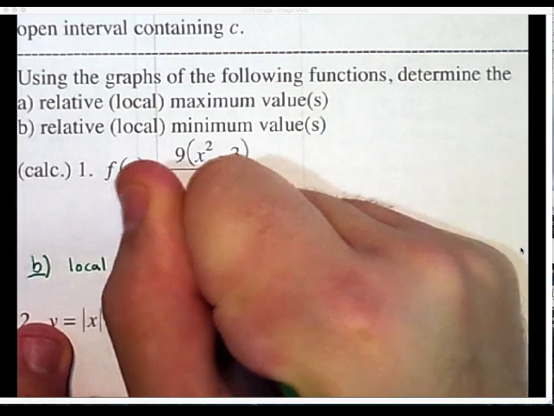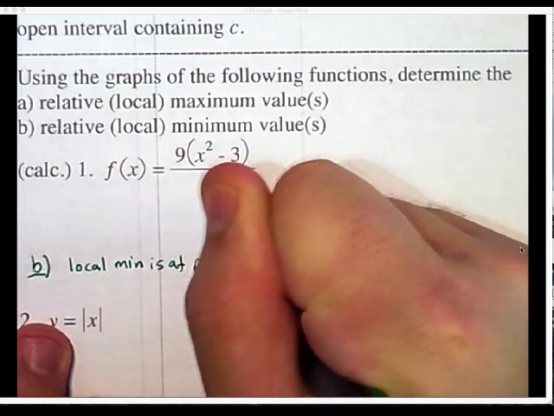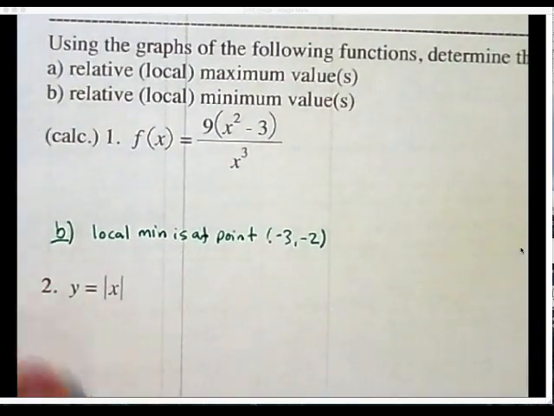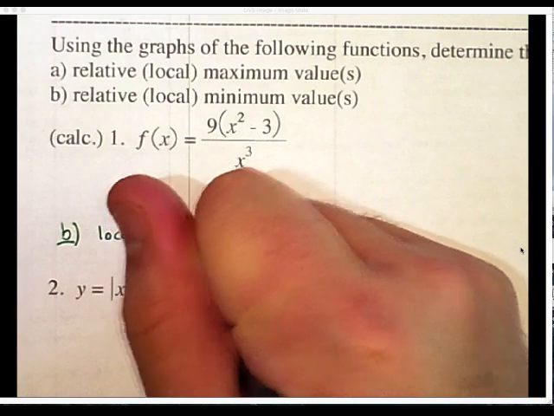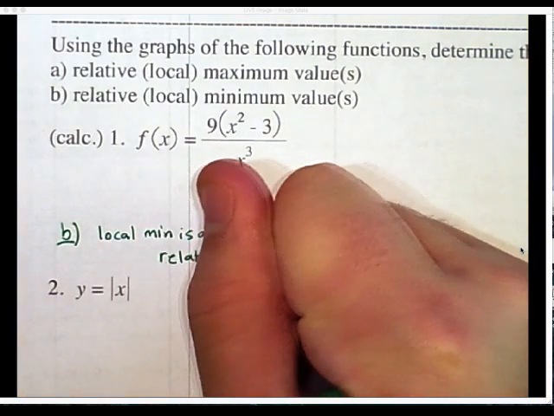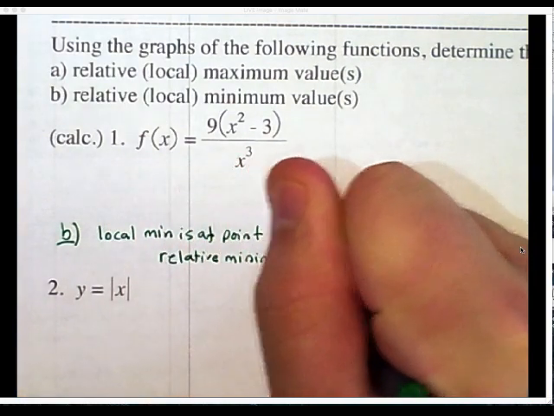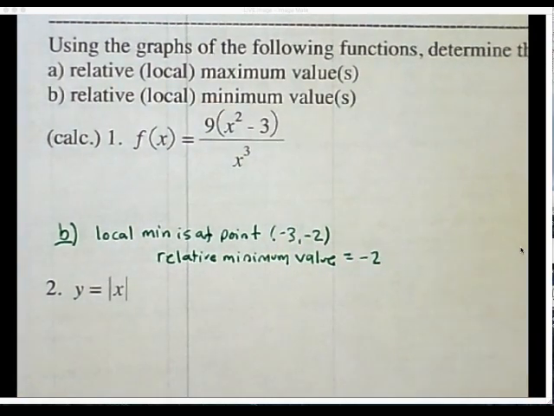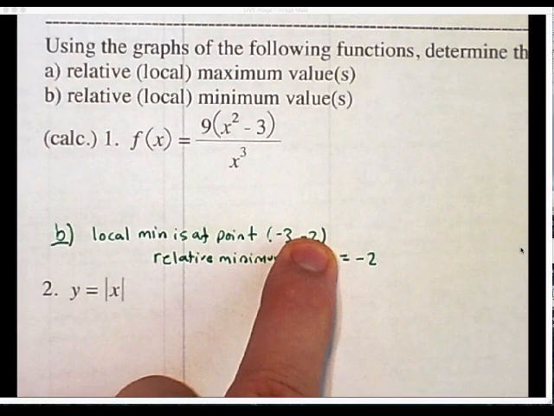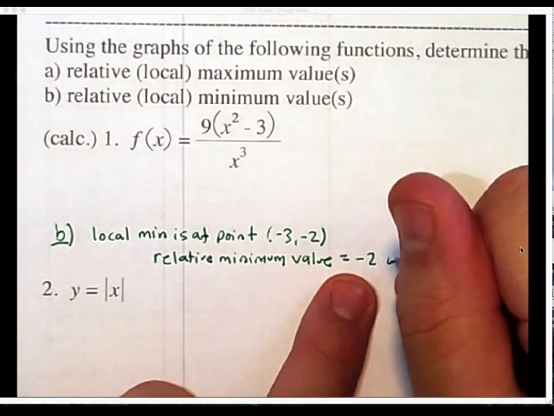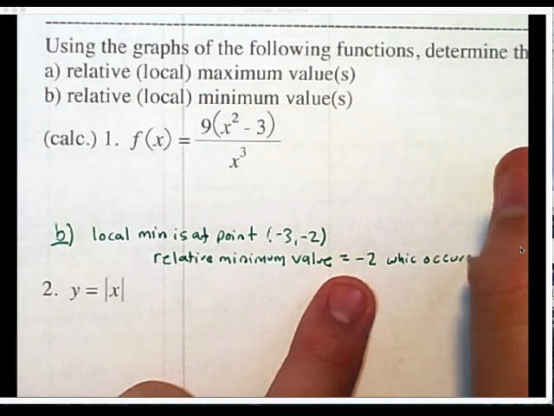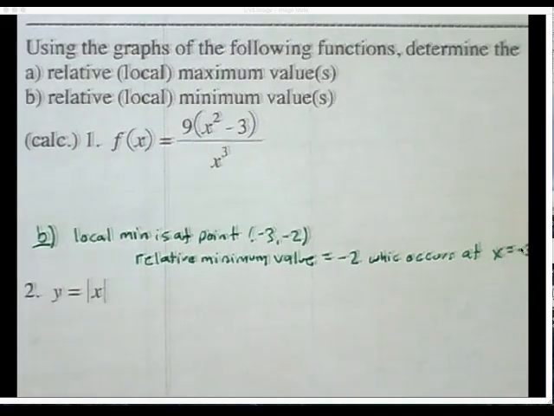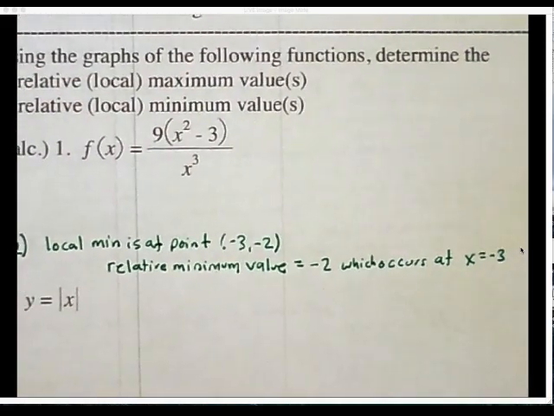is at the point -3, -2. So what does that actually mean? That means that the relative minimum value, that's the y value, is -2, which occurs at an x value of -3.